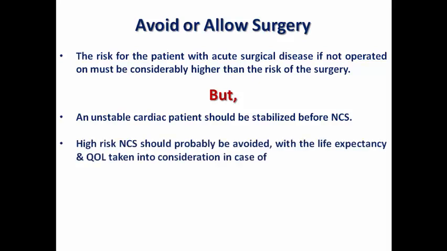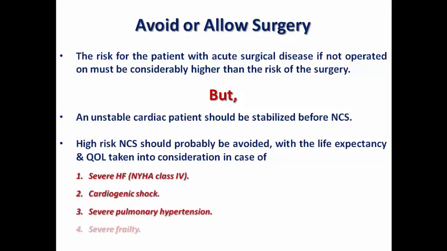And high-risk non-cardiac surgery should be avoided in certain patients, with life expectancy and quality of life taken into consideration, like in case of severe heart failure, NYHA class 4, cardiogenic shock, severe pulmonary hypertension, and severe frailty.